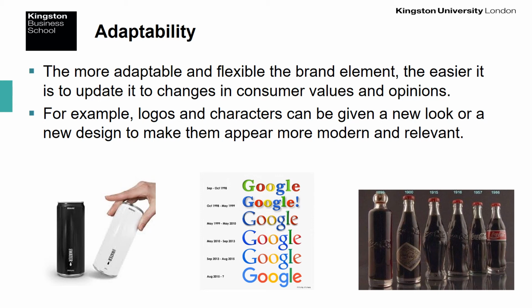It signifies medicine. And then the introduction of the curvy bottle in 1915, which is certainly a lot more curvy than the current bottle shape and the various manifestations that it has gone through. So where packaging can be adapted, that helps a brand to stay relevant, fresh and modern. Where the brand element cannot be adapted, there's potential problems that it will become out of date and inappropriate.